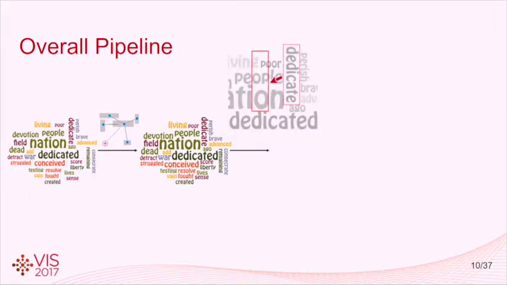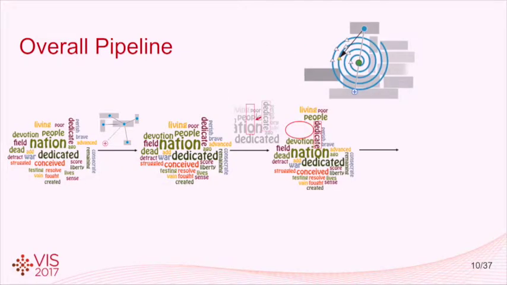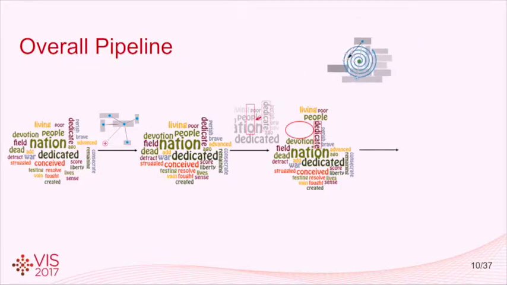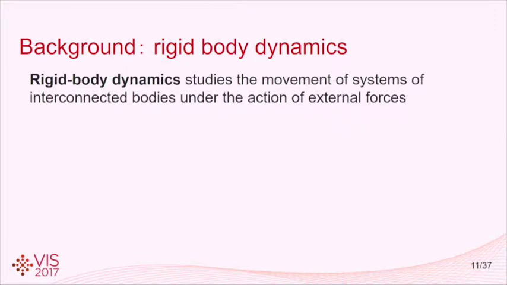The user can then freely edit the cloud until the desired result is obtained. Empty spaces are removed by using a local version of the Wordle algorithm. That's our overall pipeline. Now Xiaowei will explain details of the process.